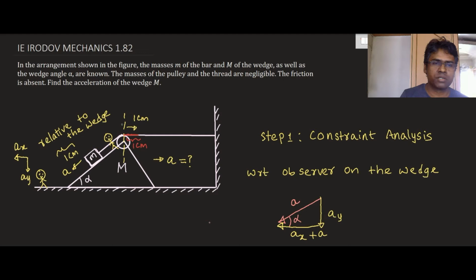Now, we can write that ay equals a sine alpha, and similarly ax plus a equals a cos alpha. So this completes the constraint analysis, and we can use these equations later.